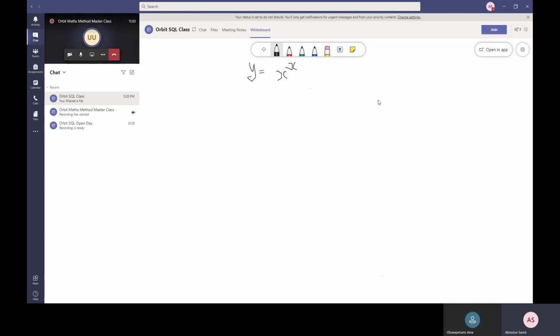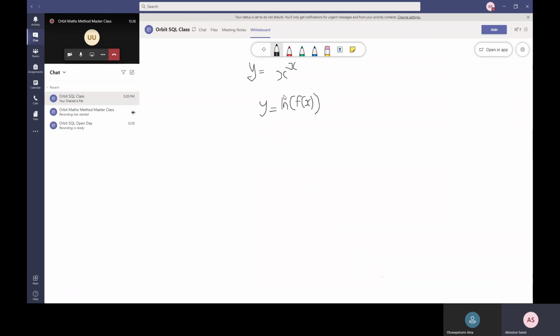Now, if you are given something like y is equal to ln f of x, that's ln of f of x, where f of x is a function of x, can be any function of x. It can be exponential, it can be trigonometry, anything.